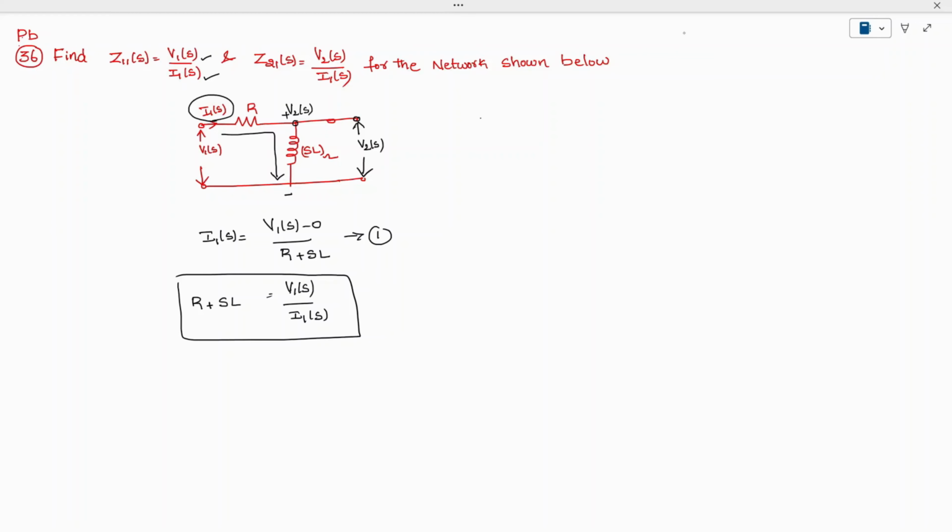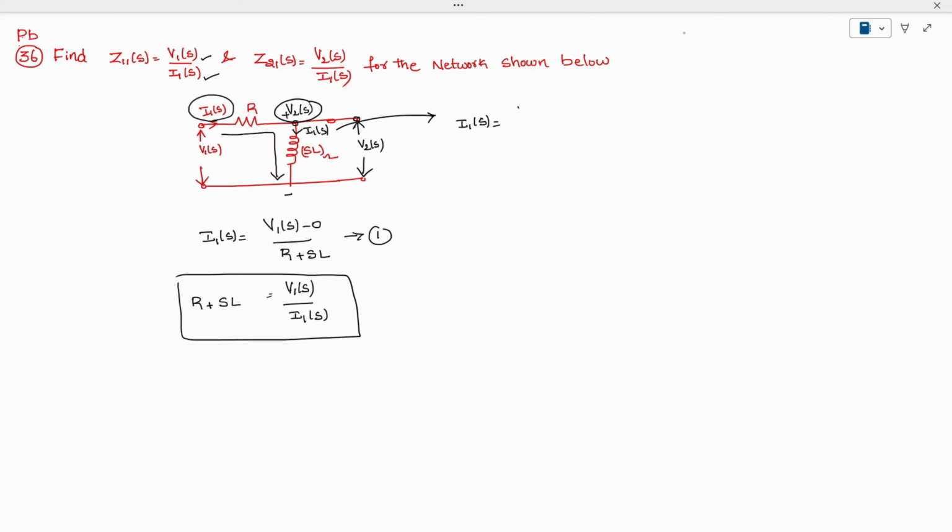Next we need to find V2 of S divided by I1 of S, which is called the forward transfer impedance. To write this down, the current which flows in R, the same current also flows, which is also I1 of S. Now let's write I1 of S with respect to which voltage?